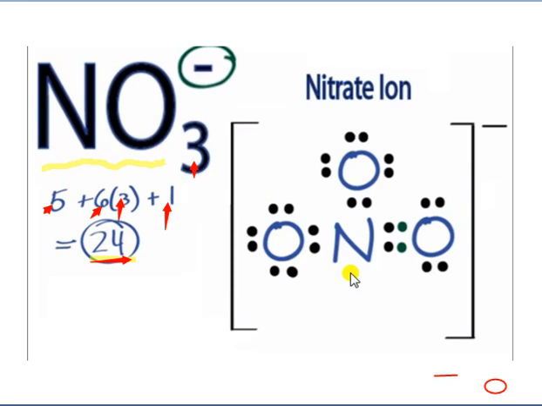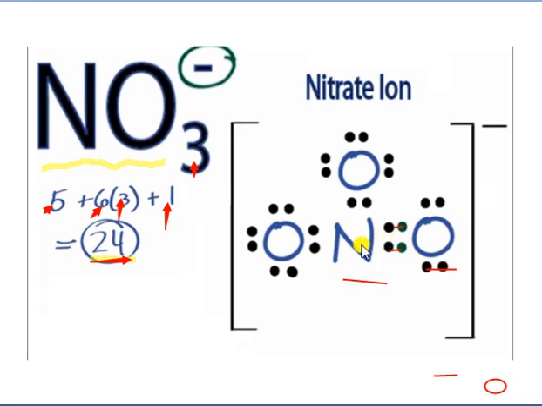Now comes the nitrate ion. Here the central atom is nitrogen and it has 3 oxygen atoms surrounding it. The first oxygen atom has 6 valence electrons in its outer shell; it shares 2 electrons with the nitrogen atom and forms a double bond with 2 electrons of nitrogen.